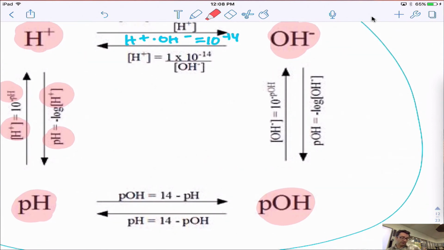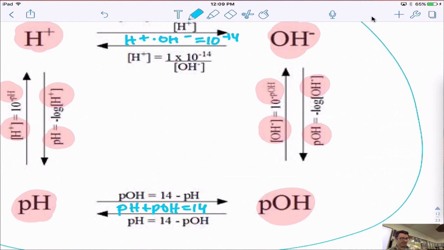If I know the OH minus, I can find the pOH by taking the negative log of it. If I know the pOH, I can find the OH minus by doing 10 to the negative pOH. And if I want to relate pH to pOH, I know that together pH plus pOH equals 14, and so I can rearrange them and solve for either one.